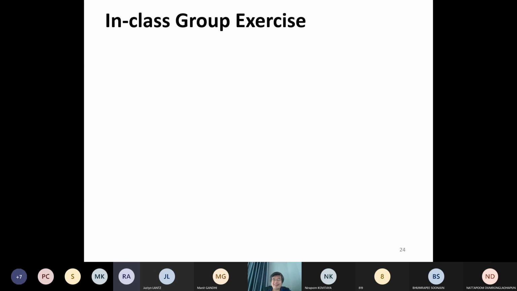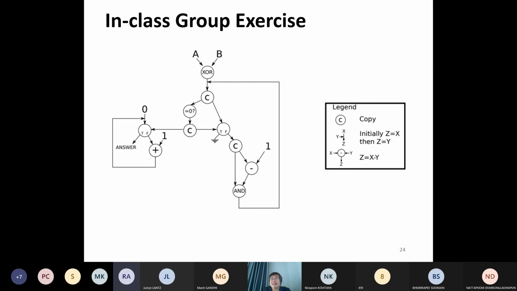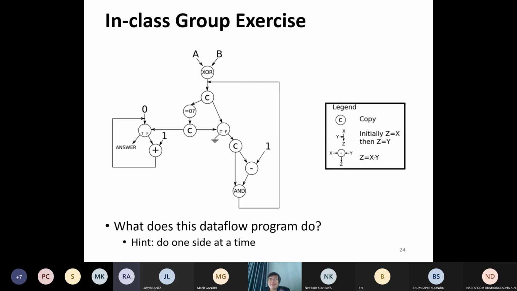I'm going to post the slide right after this so you see the picture. Your task is to figure out what this data flow program does, right? My hint is do the left side first before the right side. I'm going to post the PDF and we'll migrate over to Discord.